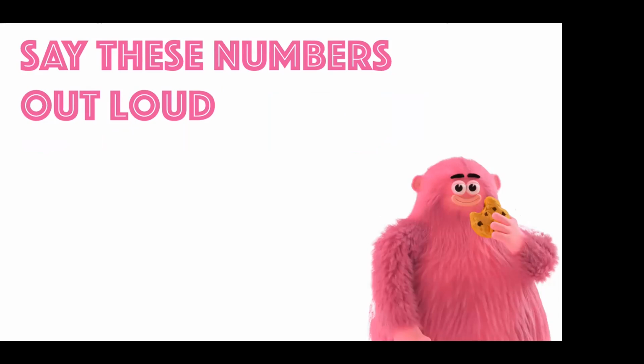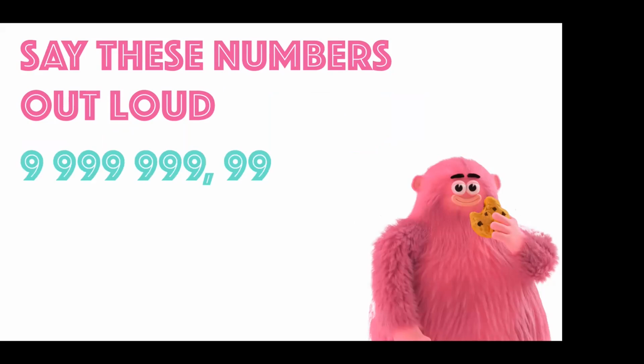You can, if you feel like it, type the number out in the chat and we will see. I give you 2 numbers. Start with this one. So write it down as you would say it, as you would speak it. It's easier to write it down, but say it out loud wherever you are. It's a beautiful, beautiful number, and I'll say it out loud in a second for you. If you can say that number, you go through as a German.